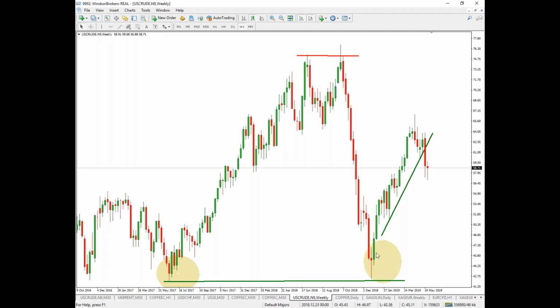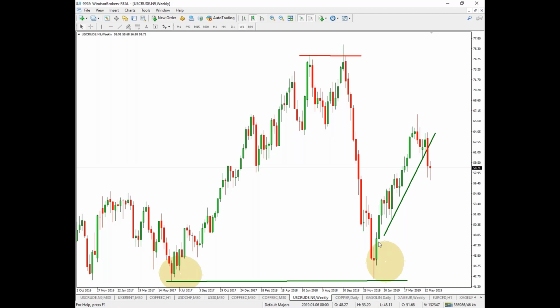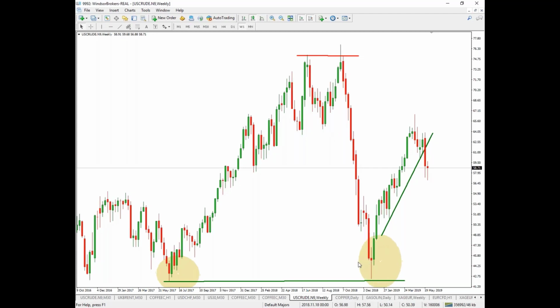And this tells us that we can rely on these supports, especially since we had formation here of a reversal signal, a candlestick pattern reversal signal, which resulted in this level.